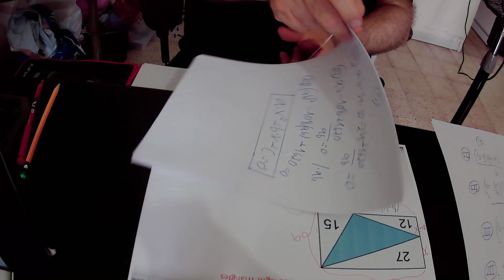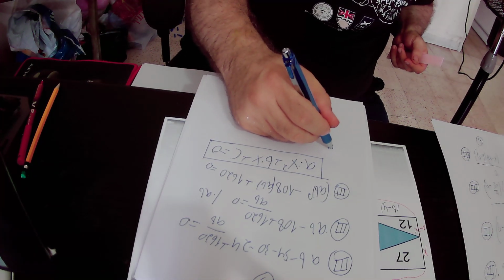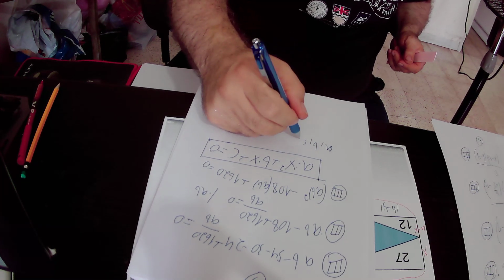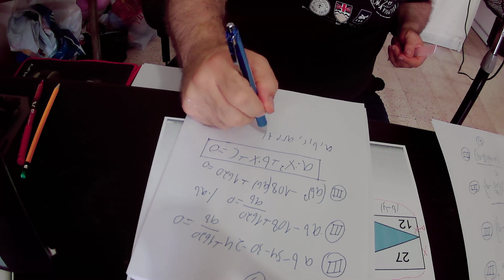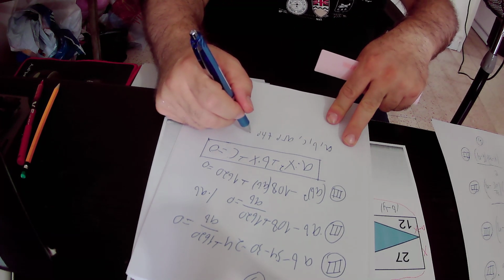So I will write it down: A, B, and C are the coefficients of this quadratic equation.